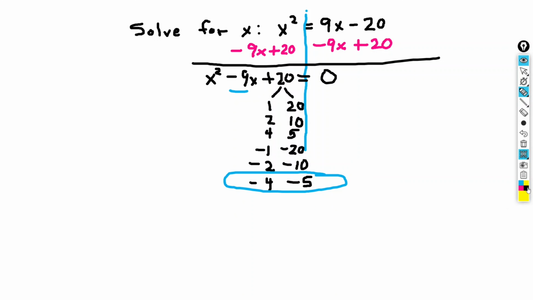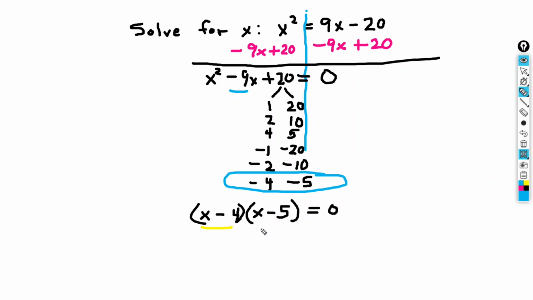So I'm going to write this in factored form as x minus 4 times x minus 5, and that's going to equal 0. And if x minus 4 is equal to 0, 0 times whatever x minus 5 is will be 0.